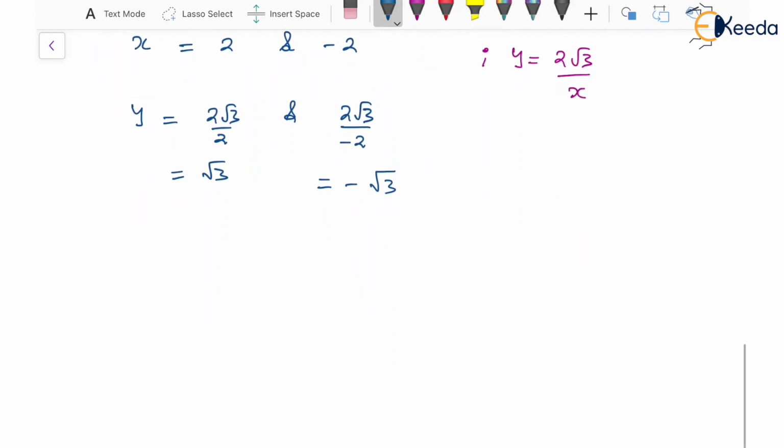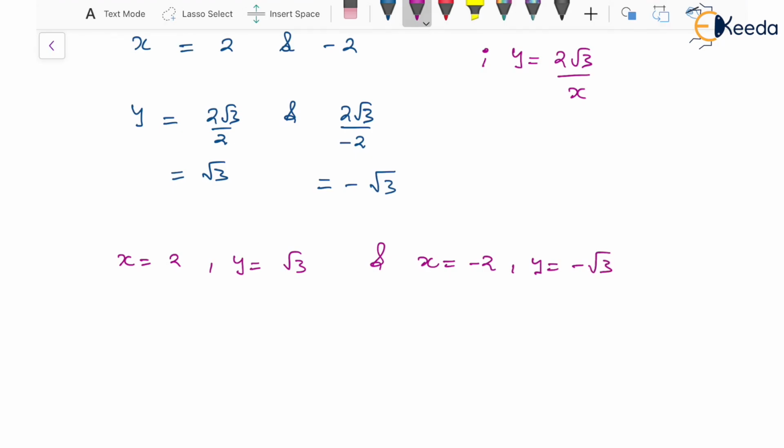So basically the pairs we have are x is equal to 2, y equal to root 3 and x is equal to minus 2 and y is equal to minus root 3.